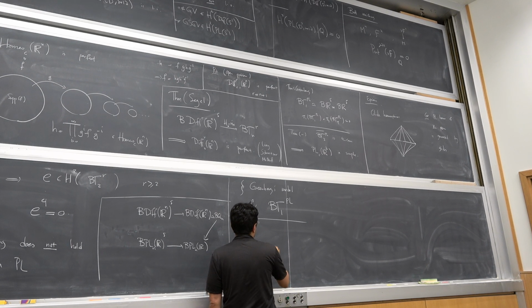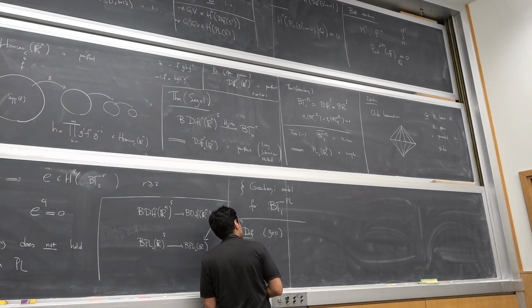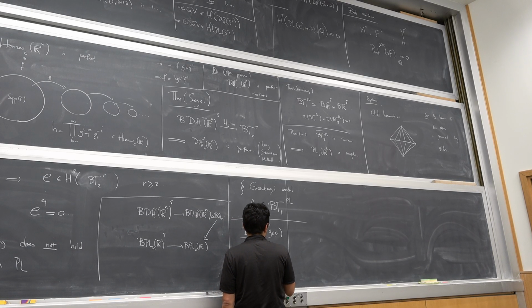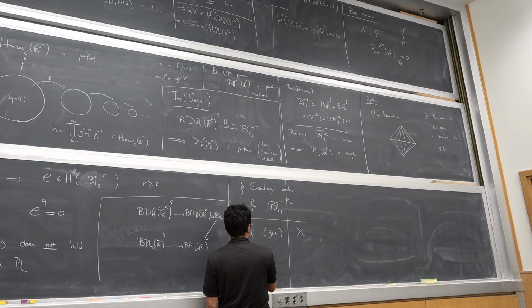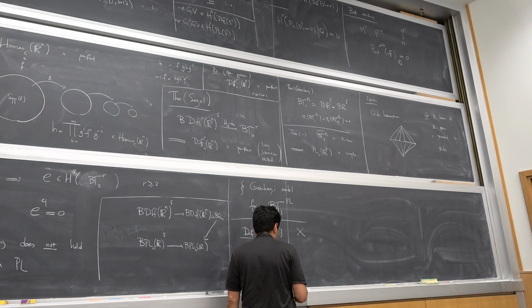By geo in his papers, he means geo X, some étale groupoid over X. I'm going to say what that means.